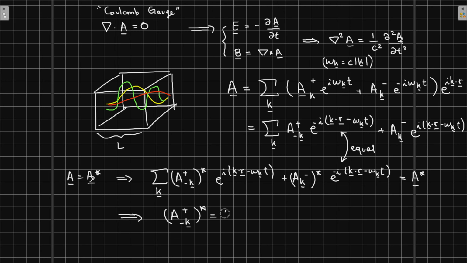So it must be equal to a_k-, due to the orthogonality of these exponentials. Or alternatively, a_{-k}+ is equal to a_k- complex conjugate.